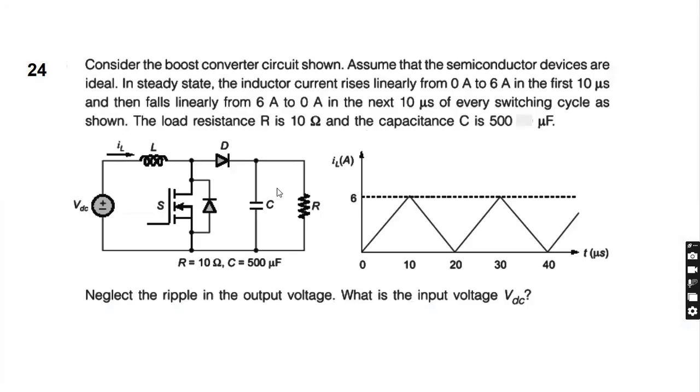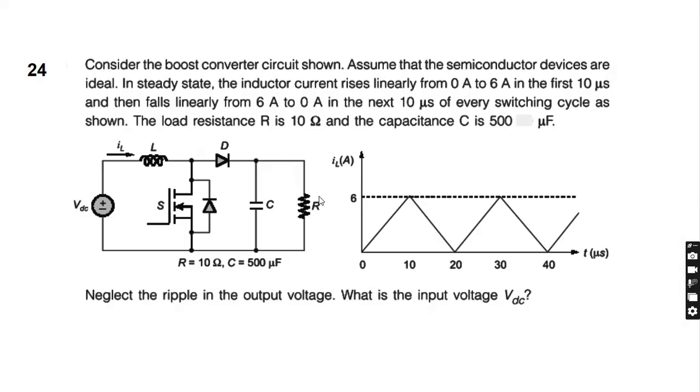The circuit given is a boost converter and it is given that the semiconductor switches are ideal. And it is also given that the inductor current waveform, which rises linearly from 0 to 6 ampere and then falls linearly from 6 ampere to 0 ampere.